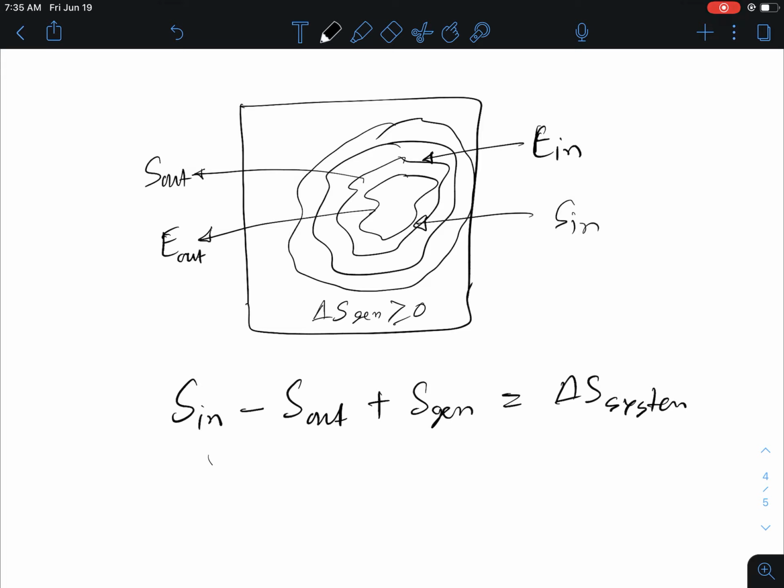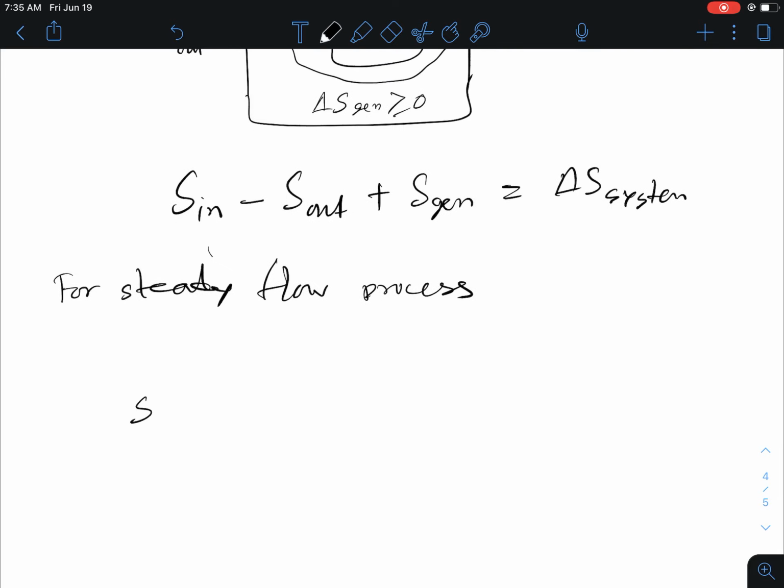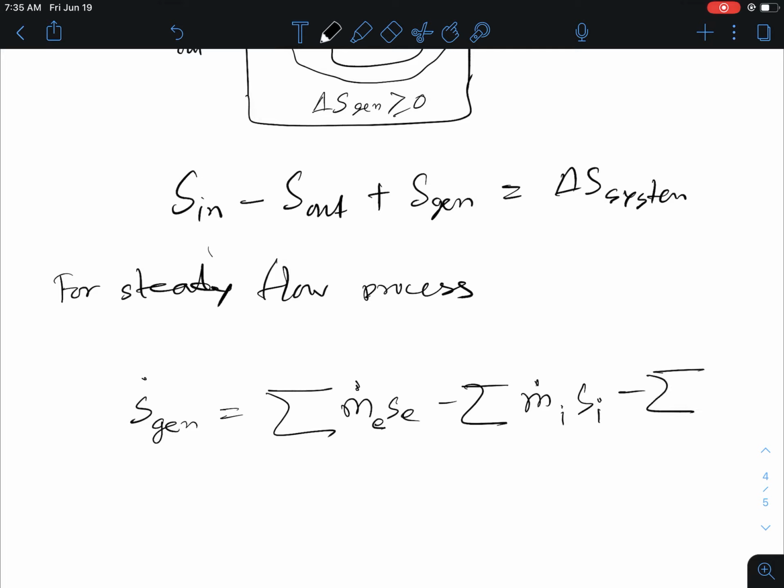For example, for a steady flow process, the entropy generation rate will equal the summation of m e s e minus the summation of m i s i minus the summation of Q k divided by T k.